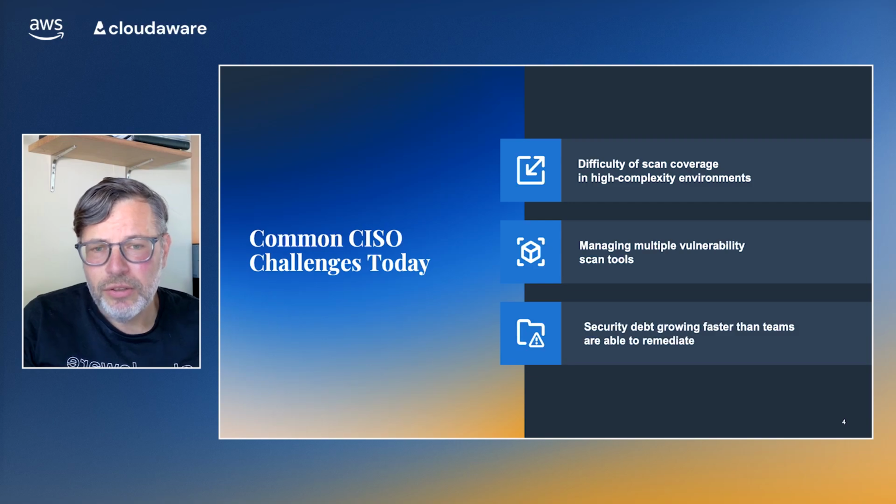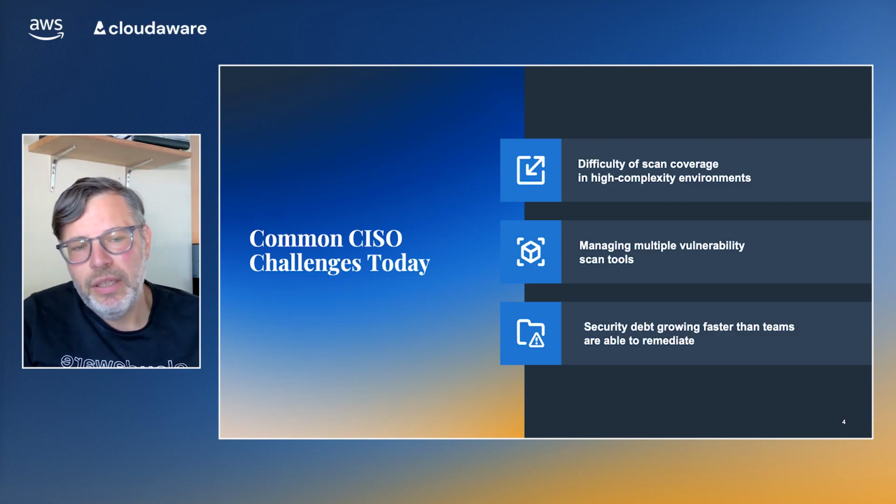We can take that. So I think the modern enterprise needs to be equipped to manage multiple vulnerability scan tools. If you think you can design your vulnerability management program around a single tool, I think that's being naive and not strategic.